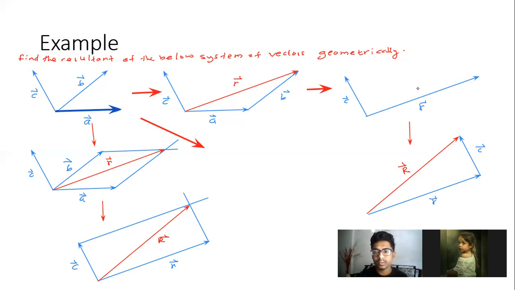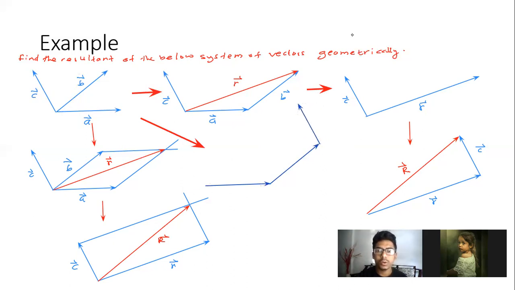Let's make it small. A vector, and this B, and this is C. So first I take the A vector. Come here. And second I take the B vector. Okay, good. And third I take the C vector from here.